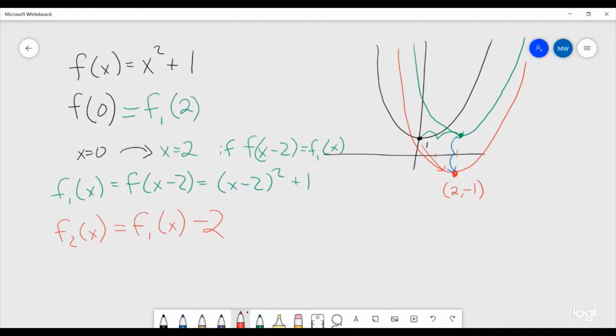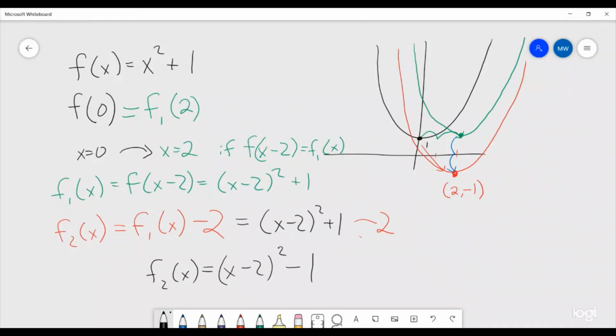So it's just moved down 2 spots. So that is going to be x minus 2 squared plus 1 minus 2. So f2 of x, which is the eventual function we wanted to find, is x minus 2 squared minus 1. And that is going to give us that specific parabola.